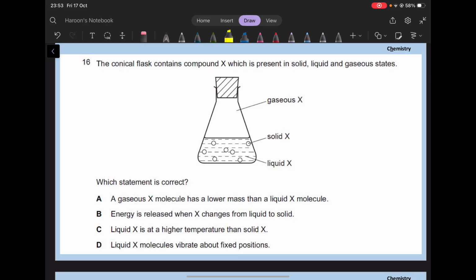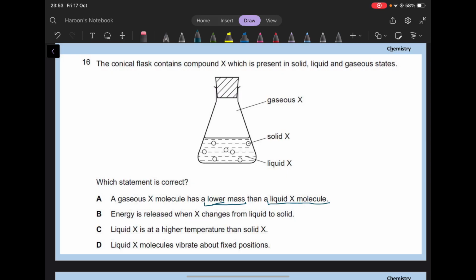Next question. The conical flask contains compound X, which is present in solid, liquid, and gaseous states. Which statement is correct? A, a gaseous molecule has a lower mass than liquid X molecule.